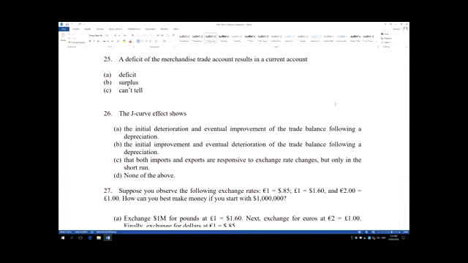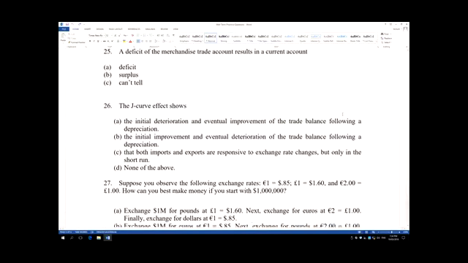Question 28. You've got a spot and a forward rate quotation for Swiss franc. You're asked to calculate the 3-month forward premium per annum. Assume a 30-day month, 360-day year. So we've got F minus S on S. The forward is 0.88 minus the spot.